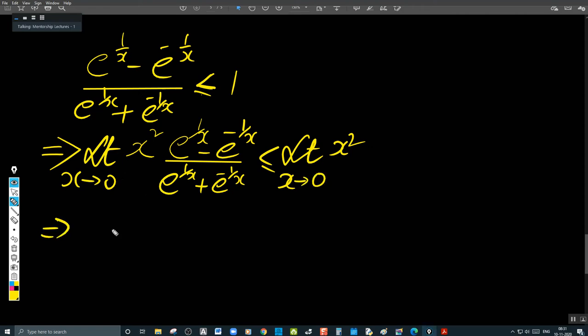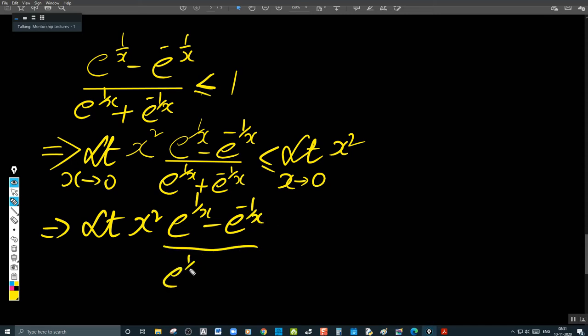So this implies that this function's limit is 0. Limit of x square times e power 1 by x minus e power minus 1 by x, whole divided by e power 1 by x plus e power minus 1 by x, as x tends to 0 is nothing but 0.